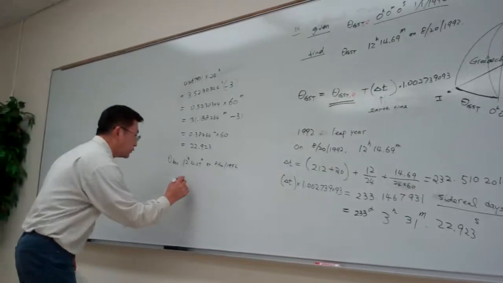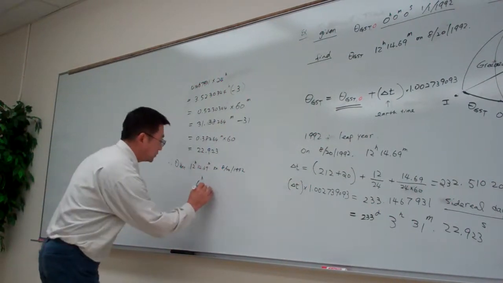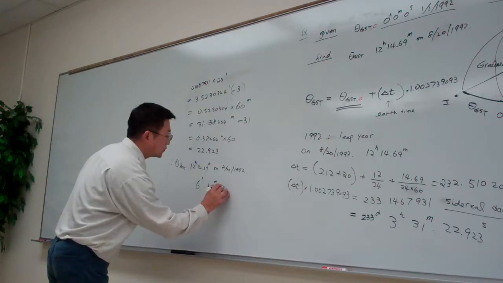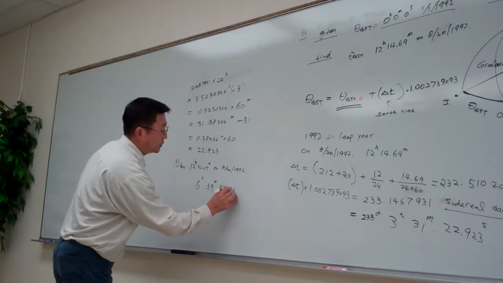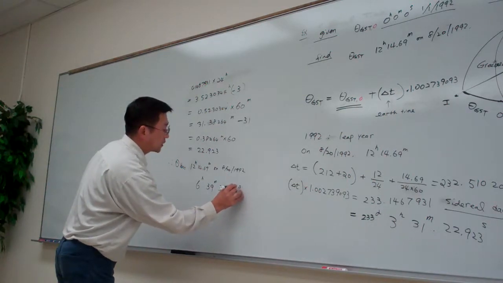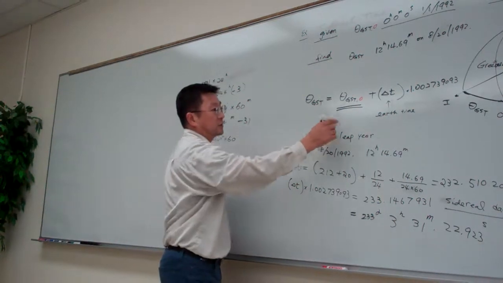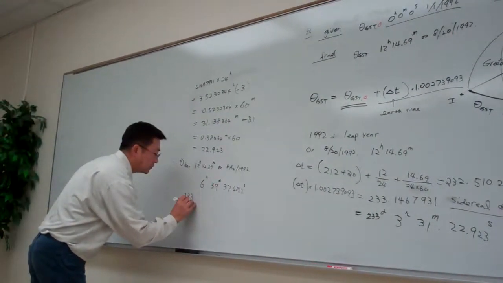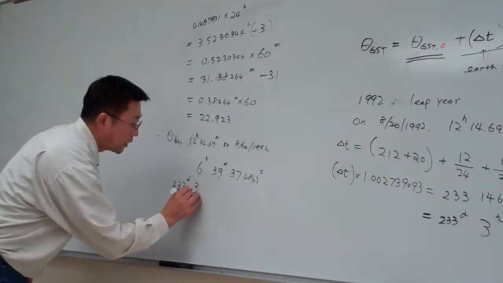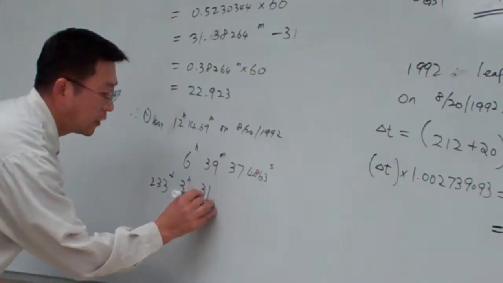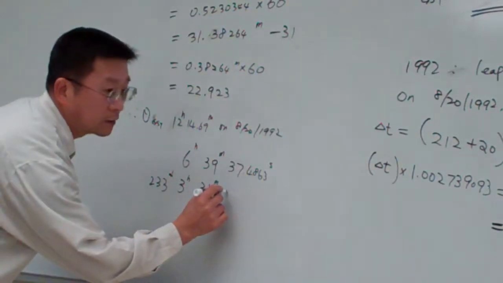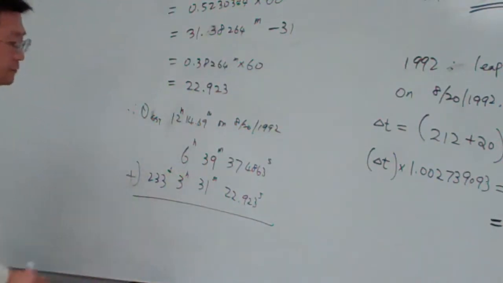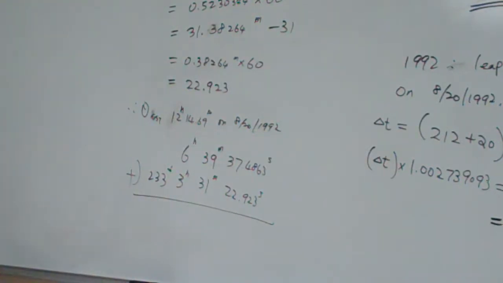That one is 6 hours, 39 minutes, and 37.4863 seconds. And the other number is this one: 233 days, 3 hours, 31 minutes, and 22.923 seconds. So we simply add it up. Okay, good.